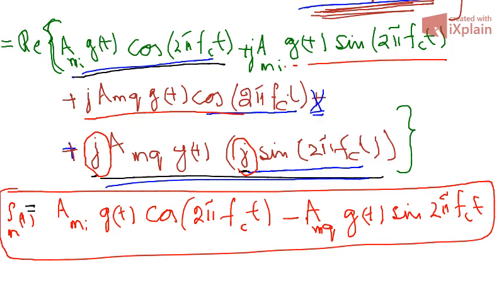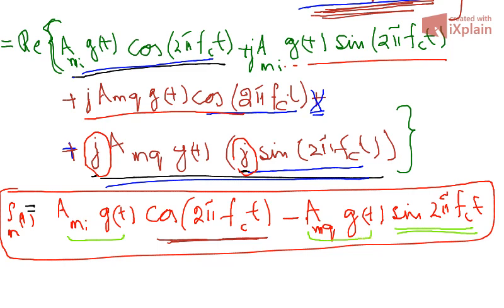Now if you observe over here, there is nothing complex. We have two real sinusoids, a cos wave and a sine wave, and those real sinusoids are multiplied with this thing.